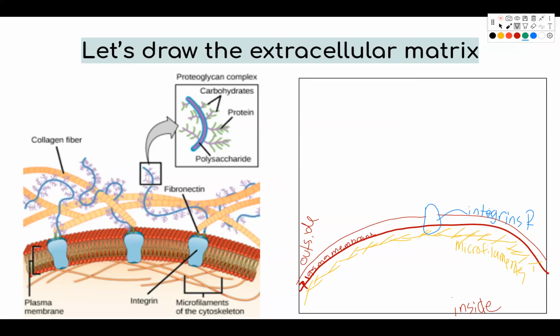Our integrin proteins are connected to our fibronectins. So for our fibronectins, we're just going to have little wispies out here. These are our fibronectins, and these have little branches on them. So little squiggles or little V shapes will show that wispiness.